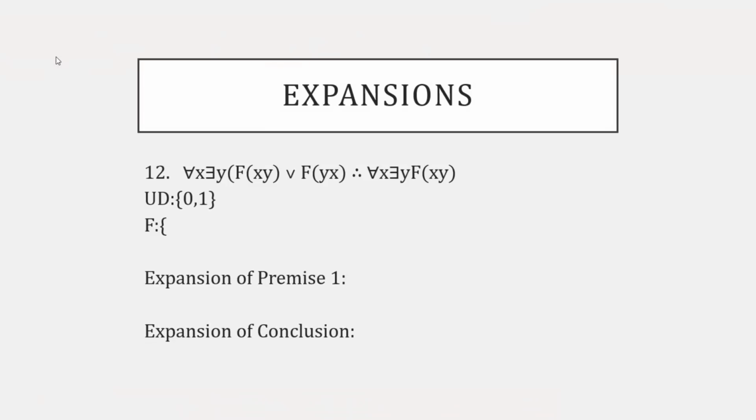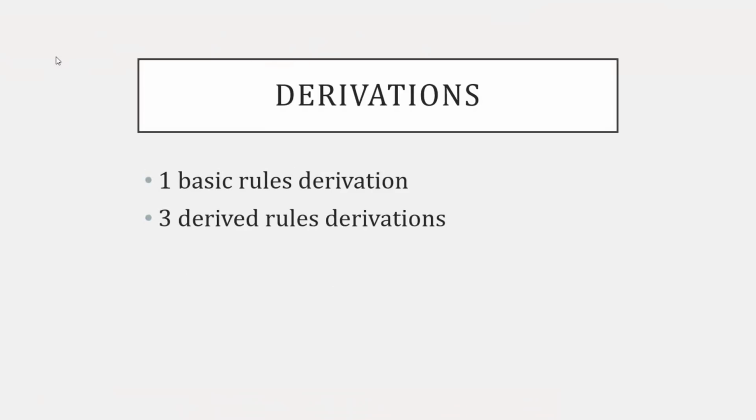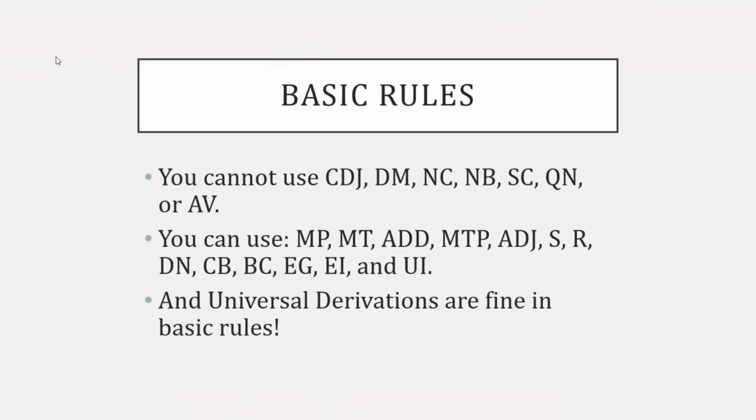Just one last thing to note, the derivations. Let me confirm that there are, in fact, 1 basic and 3 derived. Let me double check that. I believe that's correct, but I will make a note about it on Quarkus. Okay.